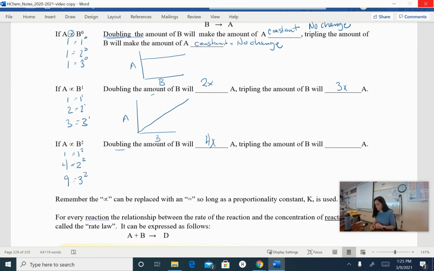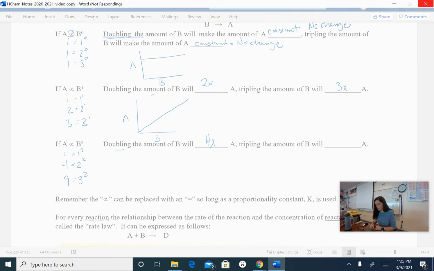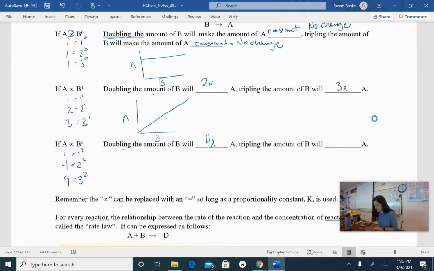So tripling the amount of B, I would get 9 times A. Okay, 9 times. Okay, so if I did a Cartesian graph here, I would get an exponential equation.